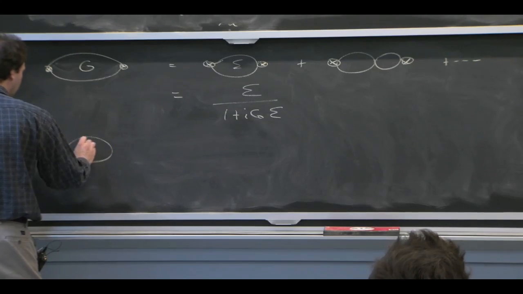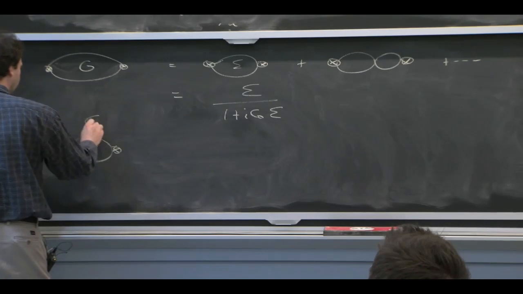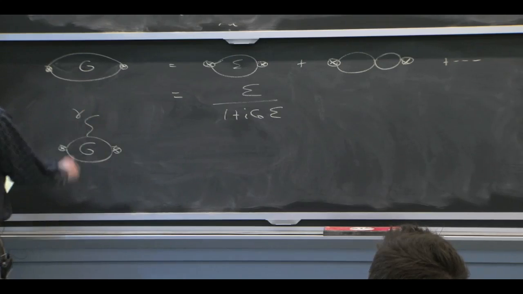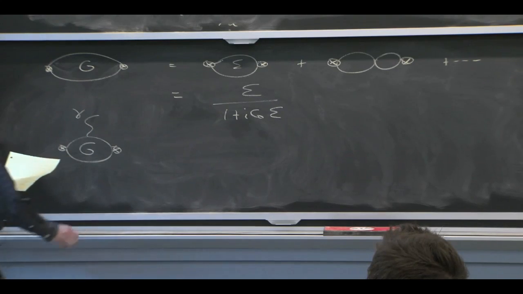And then for this other G, I'll draw a blob, which I'll also call G, but with an additional photon hanging out. Those are all 3-point functions.